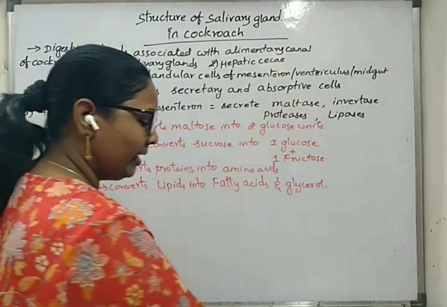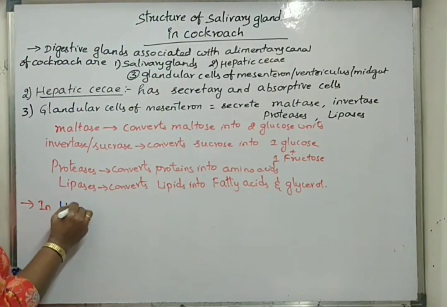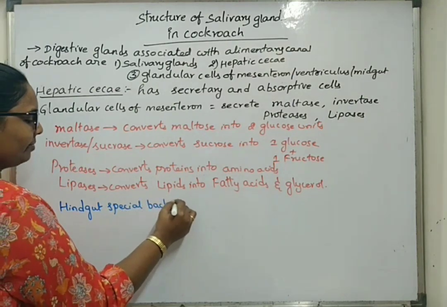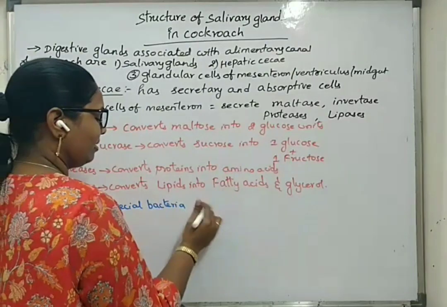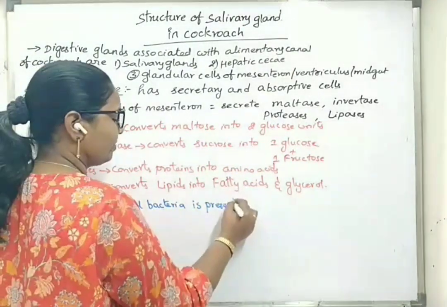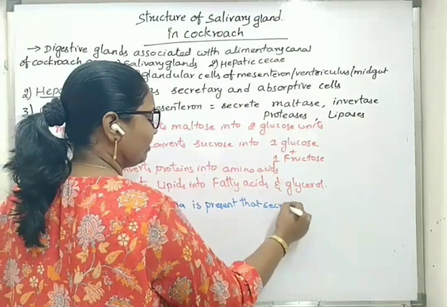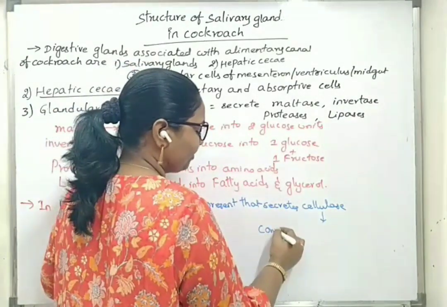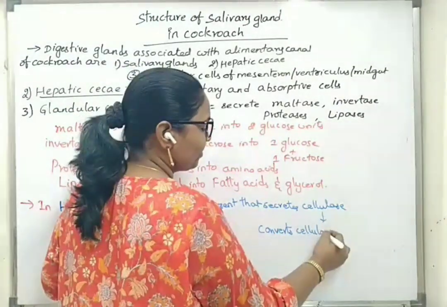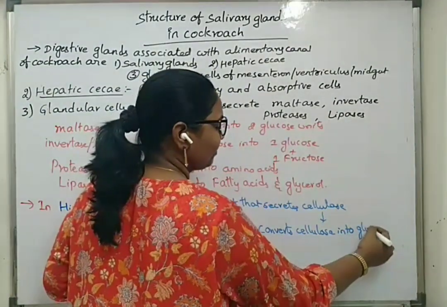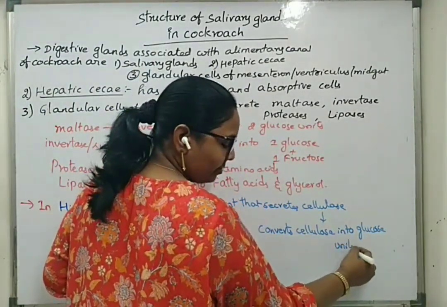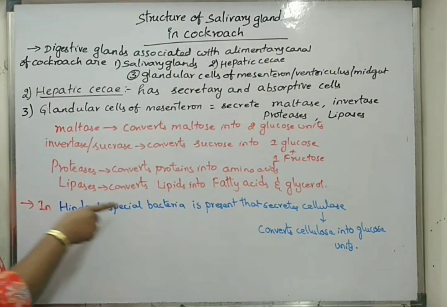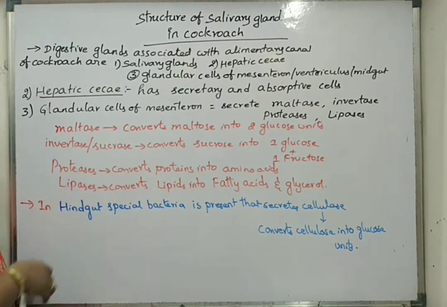So, in hindgut, special bacteria is present that secretes cellulase. Now the cellulase converts cellulose into glucose units. So these are few types of digestive glands and also the secreting cells and also the enzymes that are required for digestion.